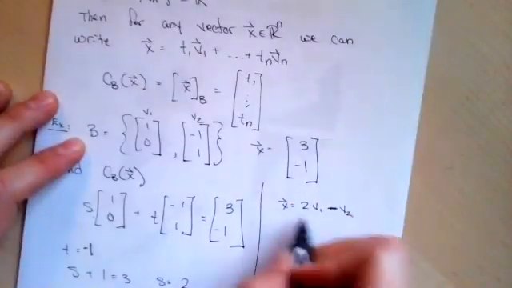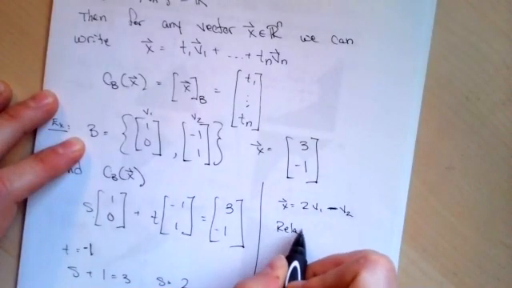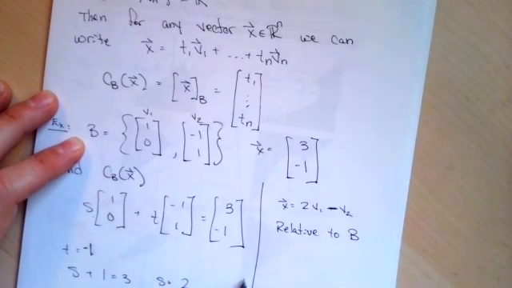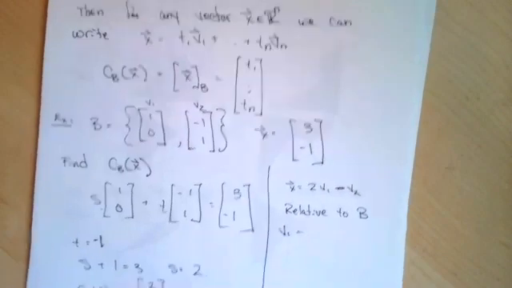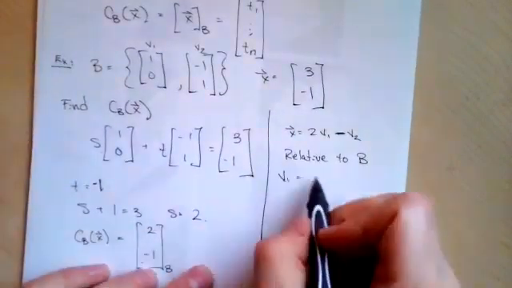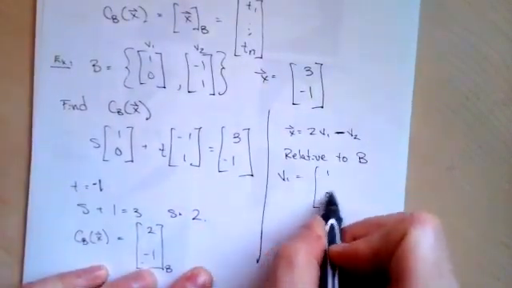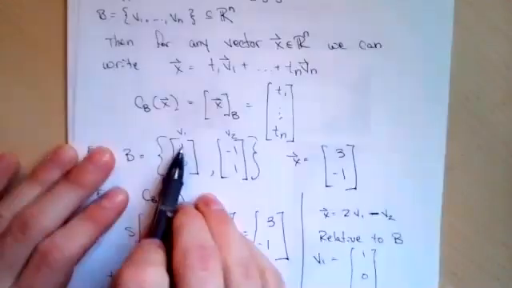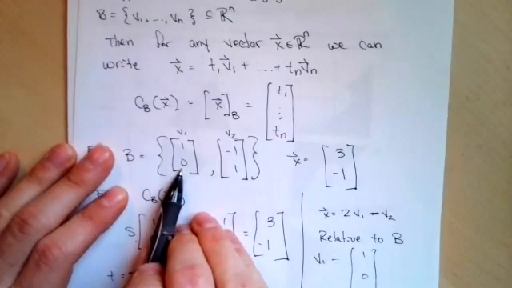However, relative to B, the column vector associated with V1 is just 1, 0. It is one copy of our first basis element.